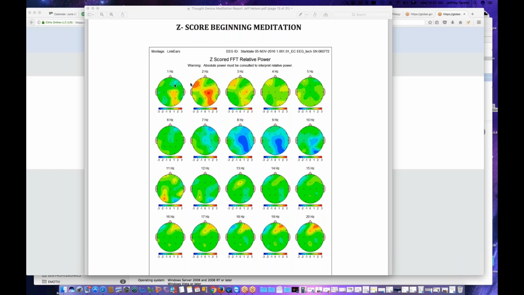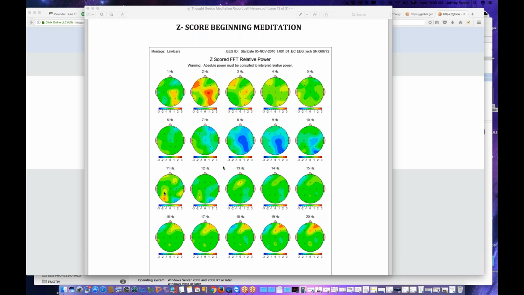And when we examine theta 4, 5, 6, 7, and 8, the blue that we see here in 6, 7, and 8 is creating a gateway from your subconscious. So now you have information from the field and from your subconscious, but you're not going to be consciously aware of it unless you have a higher, faster frequency, which is usually an alpha.